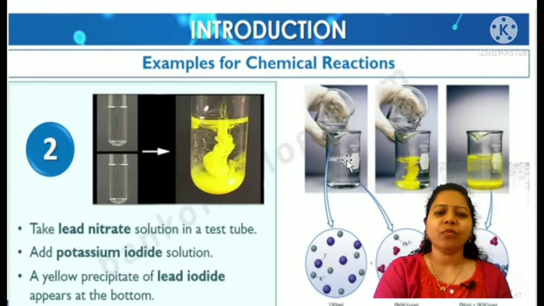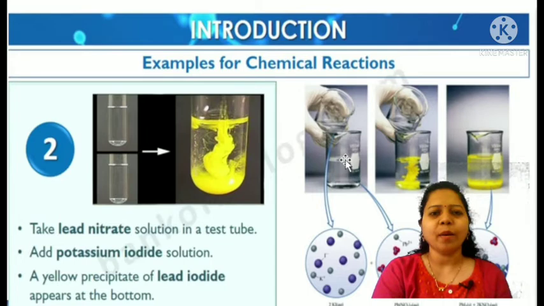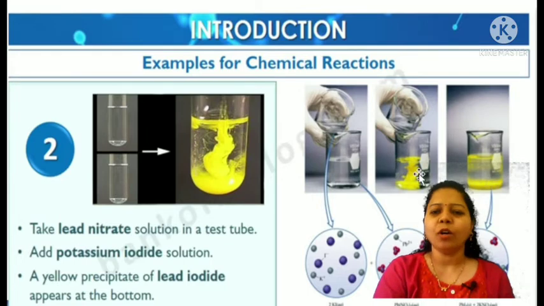After the reaction of lead nitrate and potassium iodide, a yellow colored precipitate of lead iodide forms. Both chemicals react with each other and give a different color, a yellow precipitate. Color also changes, state also changes, so this is also an example of a chemical reaction.